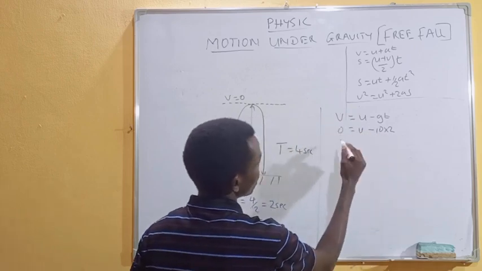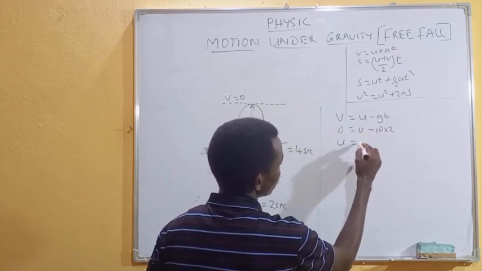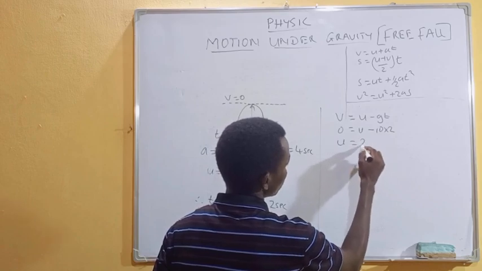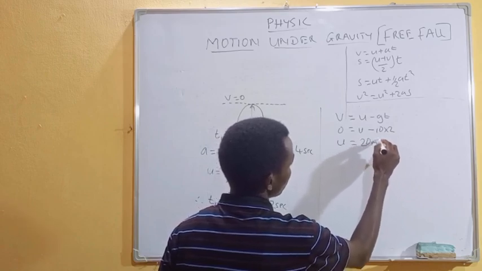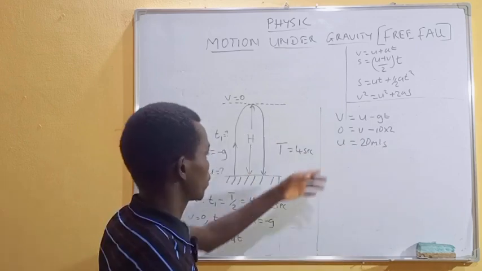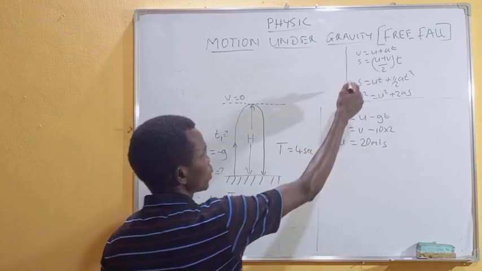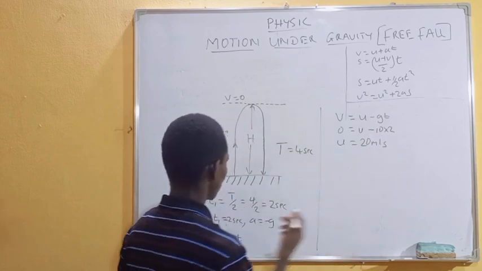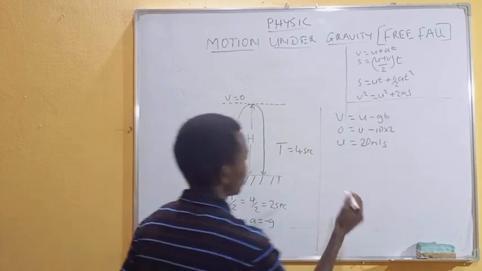Therefore, when you move this to the other side, u will now be 10 times 2, which is 20 meters per second. So we have gotten our u, and we'll use equation 3 to solve for the maximum height.